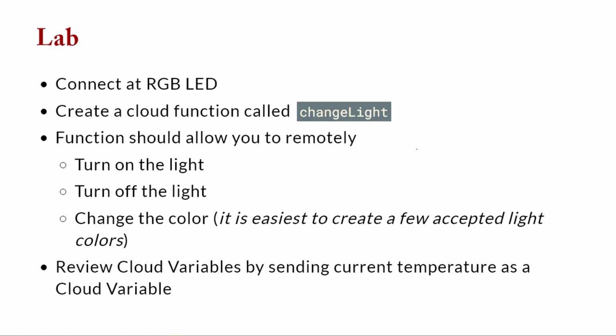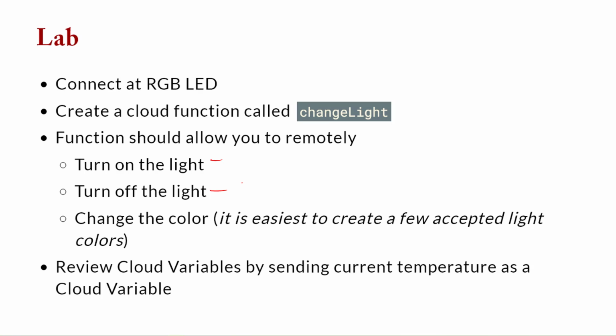And what I want you to do is connect up the LED. And I want you to create your own function called change light, okay? I want change light to be able to take a couple parameters. The first is turn on the light, turn off the light, and then I want you to be able to send a signal from the app with different colors. Let's say green or magenta or whatever color you want.